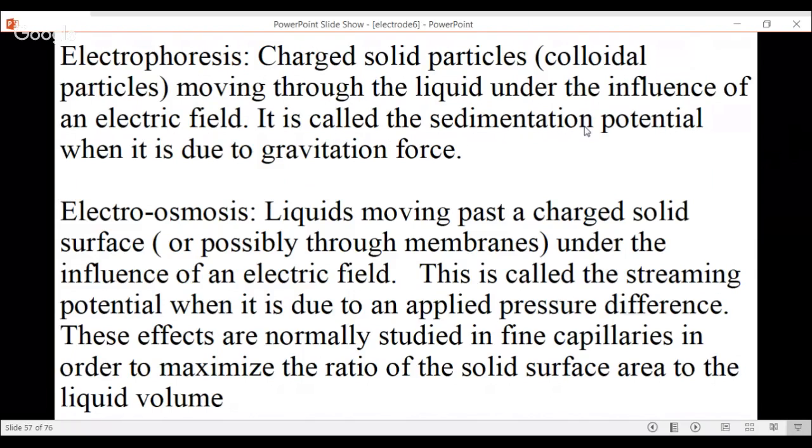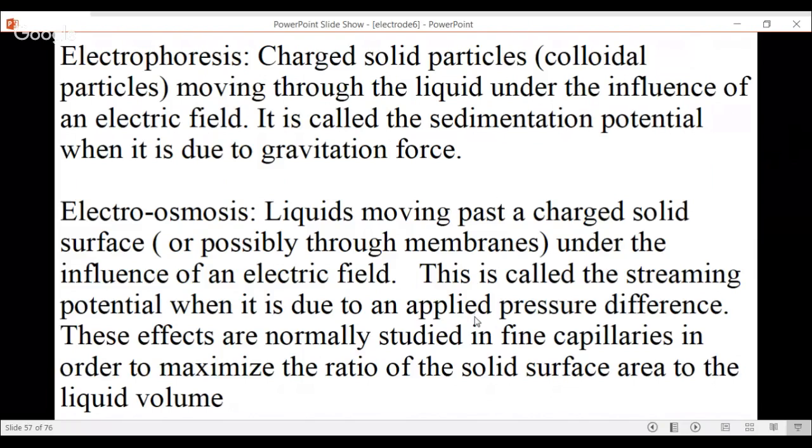It is called the sedimentation potential when it is due to gravitation force. If the ions are going to sediment, then it is gravitation force. If the charged particles are moving around under the influence of an electric field, then it is electrophoresis. Electroosmosis is liquids moving past a charged solid surface, possibly through a membrane, under the influence of an electric field. This is called the streaming potential when it is due to an applied pressure difference.